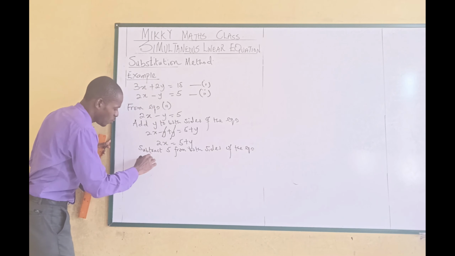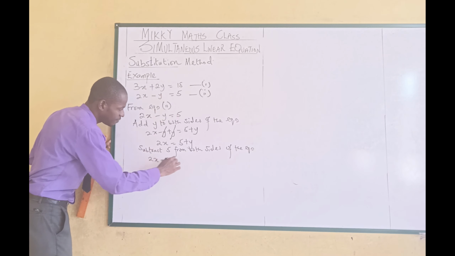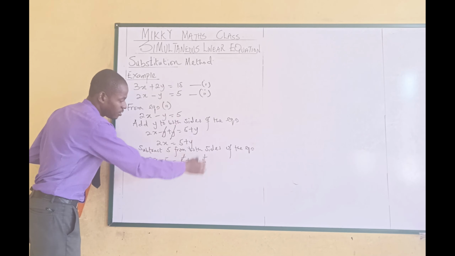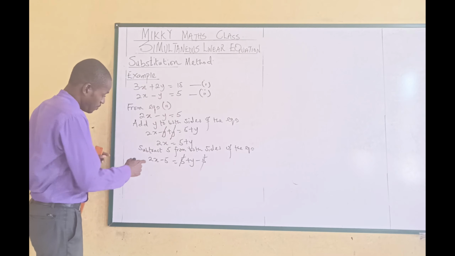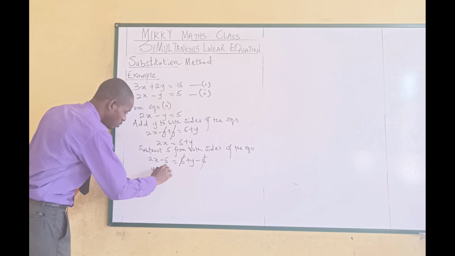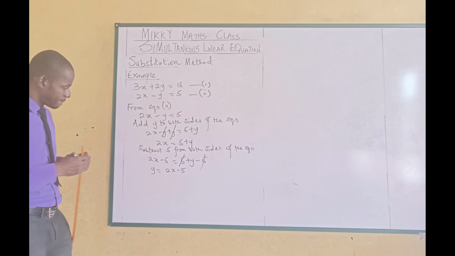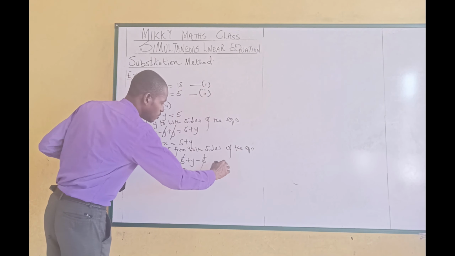This becomes 2x minus 5 is equal to 5 plus y minus 5. 5 minus 5 is 0. So we are left with y is equal to 2x minus 5. You can call it equation 3.